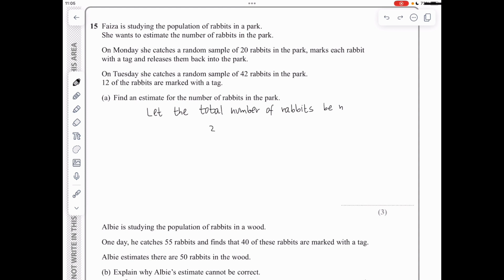So 20 over n, we collected 20 rabbits on Monday out of a total of n rabbits that are out there and they were tagged, is equal to 12 out of 42, which is the proportion of tagged rabbits on Tuesday's sample. This means that n is 20 times 42 over 12, and this gives an answer of 70.